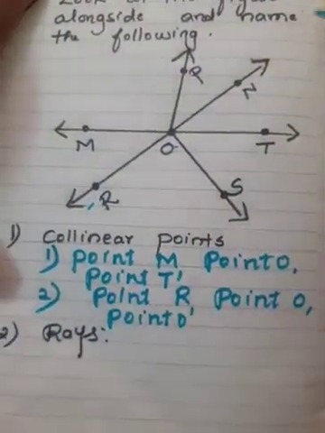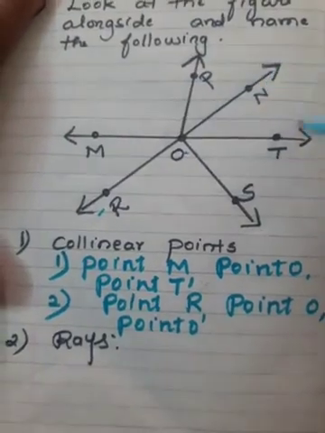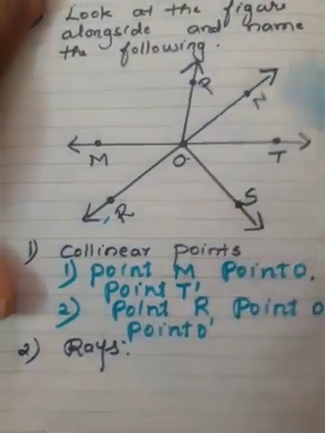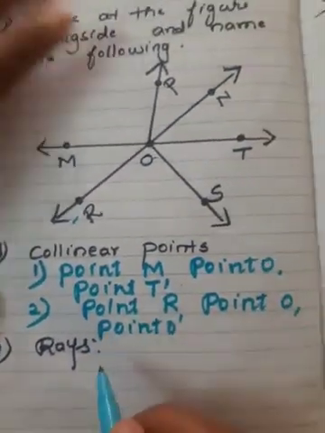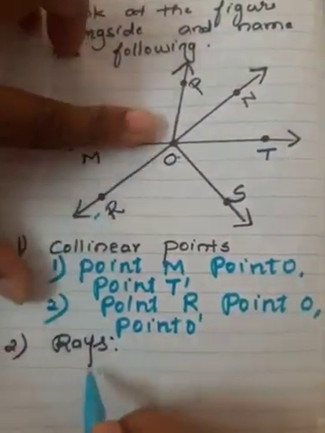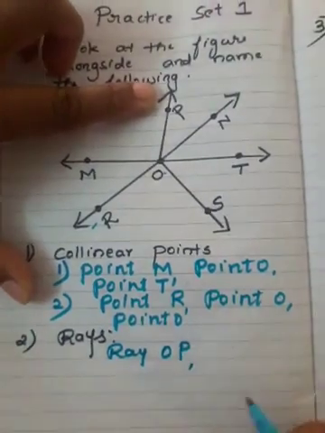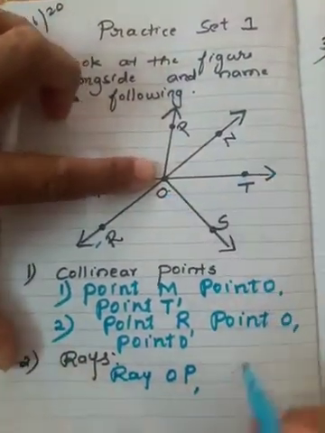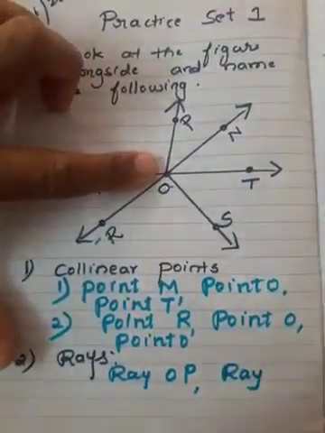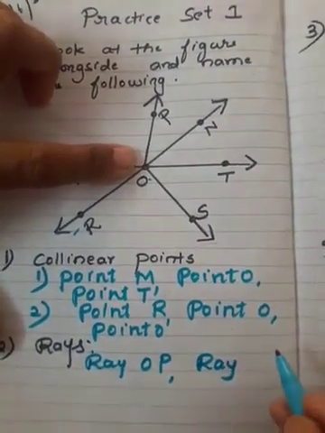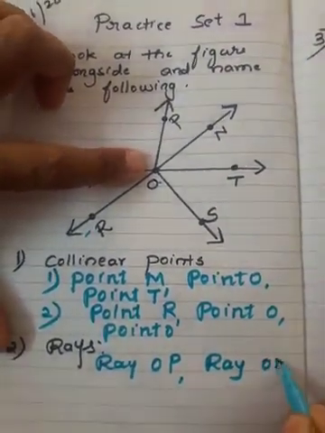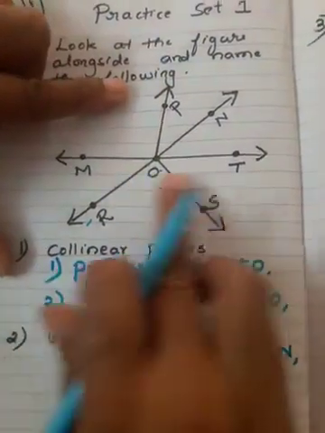So how many rays are there in this figure? 1, 2, 3, 4, 5, 6. So I will start from here. So ray OP. Next ray ON. Remember students, while naming the ray we should always write the starting point first. Ray ON. Next ray OT.